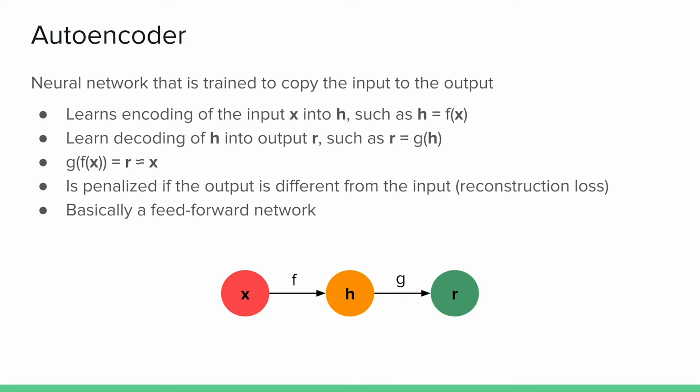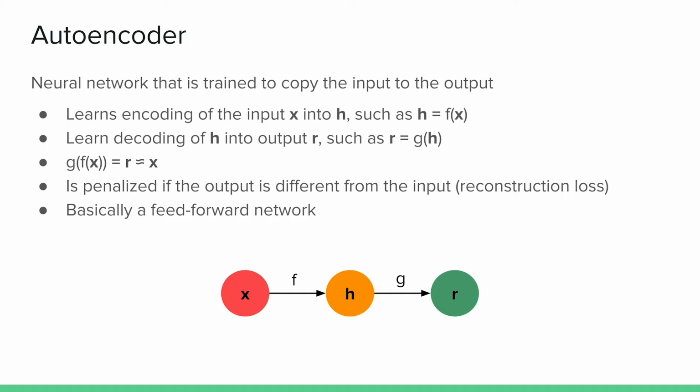So what we have is, we have our input X, and we learn an encoding F to go from that X to a hidden representation, H. So that's our encoding function, and then we have a second part, which is a decoder that takes this representation H and decodes it into an output representation R. And now the goal would be that the reconstruction R should be as similar to the input X as possible.